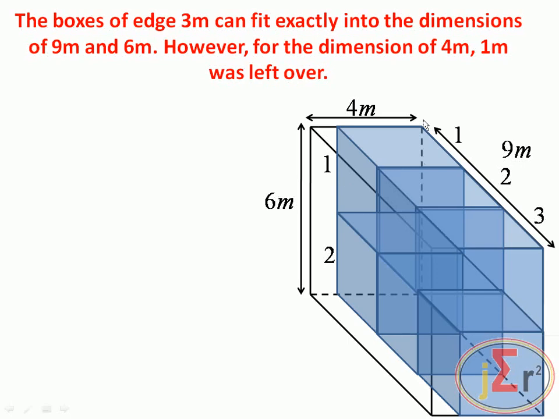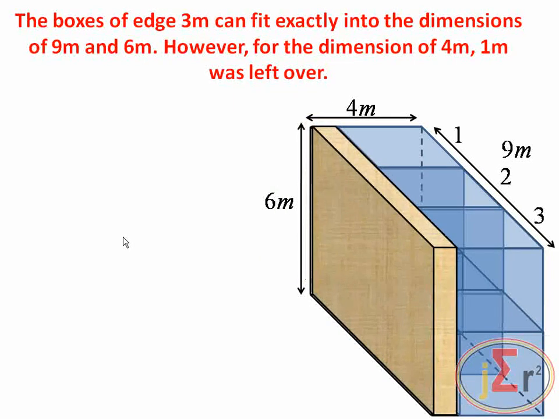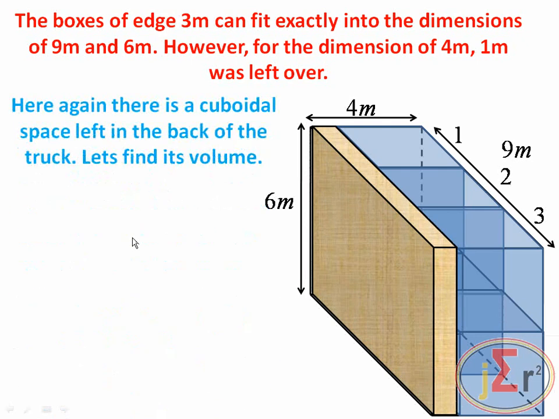Fit into the dimension of 9 exactly, and fit into the dimension of 6 exactly, not fitting in the dimension of 4 exactly at all. Here again, there is a cuboidal space left in the back of the truck. Let's find its volume.